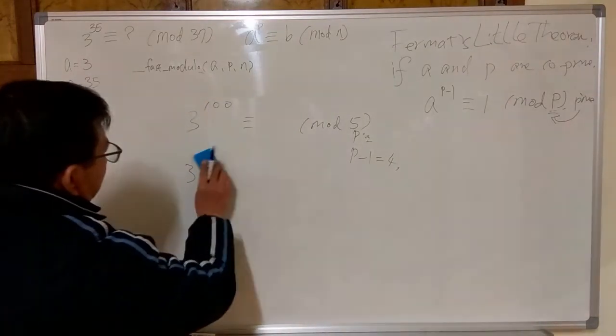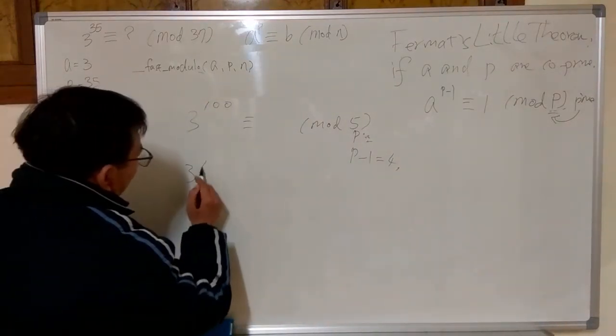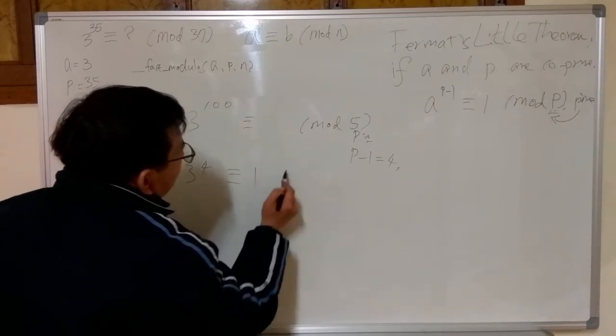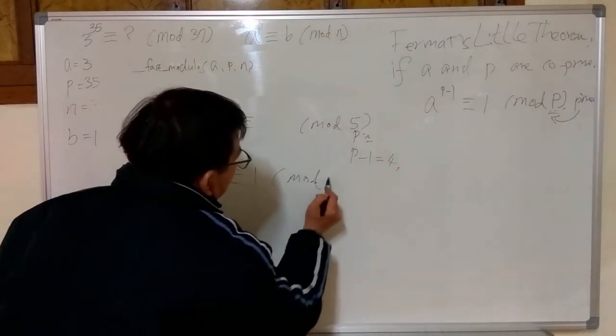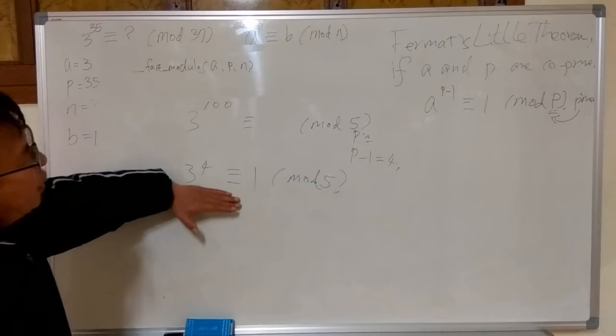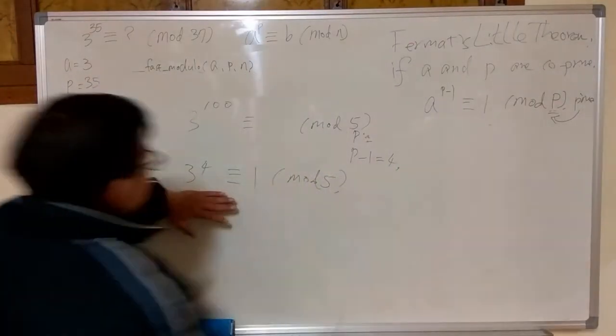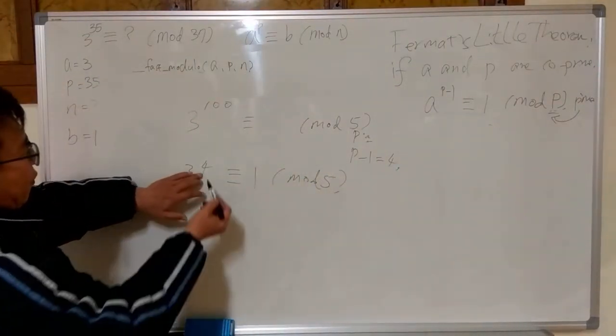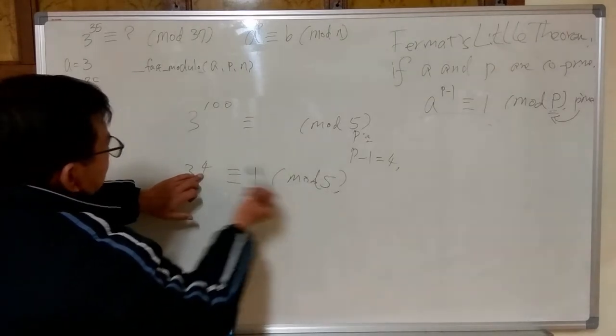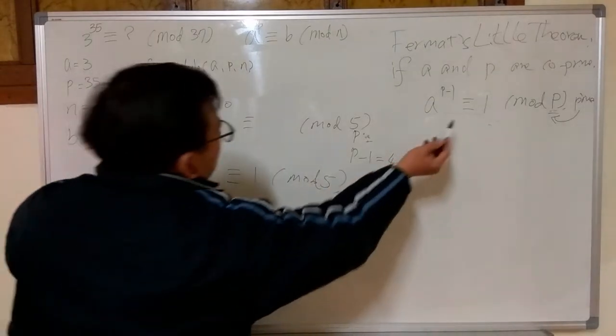So it means 3 to the 4 is congruent to 1 mod 5. This is what the theorem effectively means. See, 5 minus 1 is 4, and it is modulo 1.